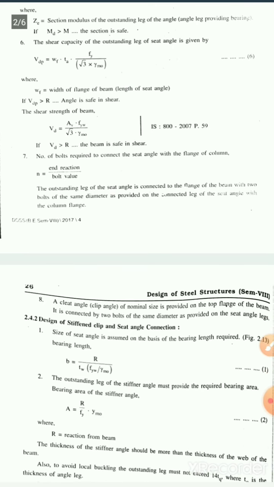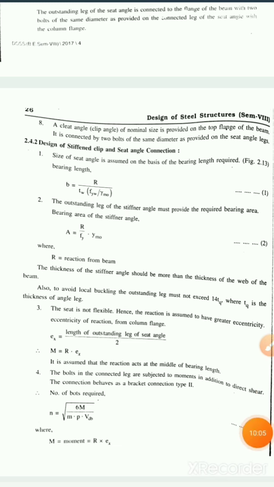The outstanding leg of the seat angle is connected to the flange of the beam with two bolts of the same diameter provided on the connected leg of the seat angle with the column flange. Or a clip angle of nominal size is provided on the top flange of the beam, connected by two bolts of the same diameter provided on the seat angle leg.